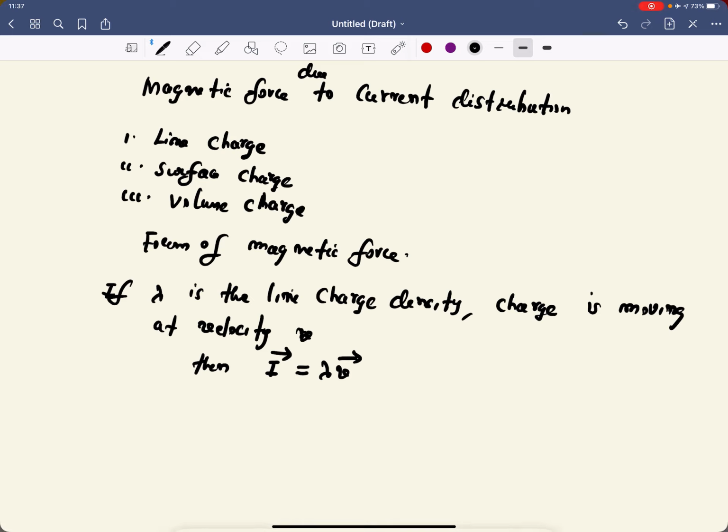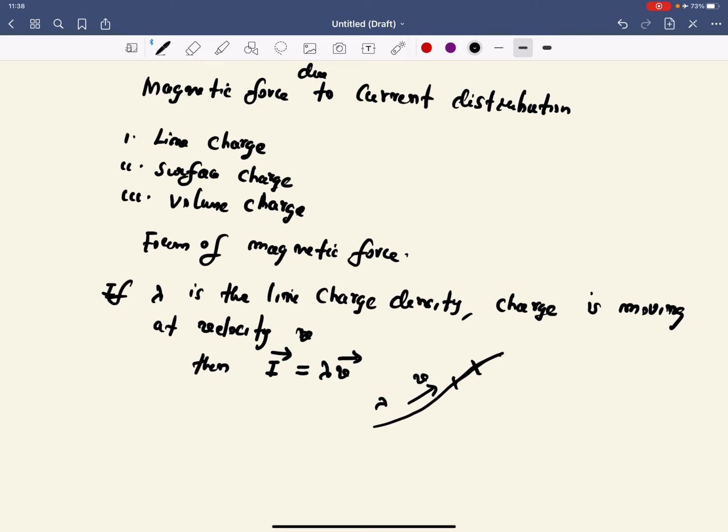We have a line of charges and lambda is the line charge density. If I simply draw this, this current carrying wire carries the current, and there is a line charge density denoted by lambda, and this is the direction of the velocity, which is the direction of the current also.